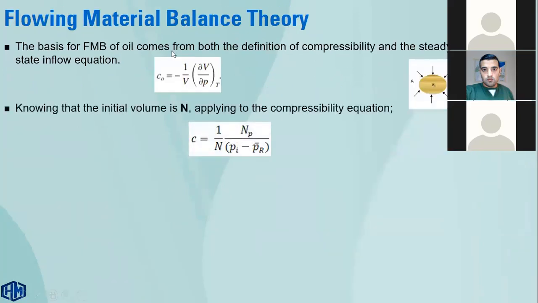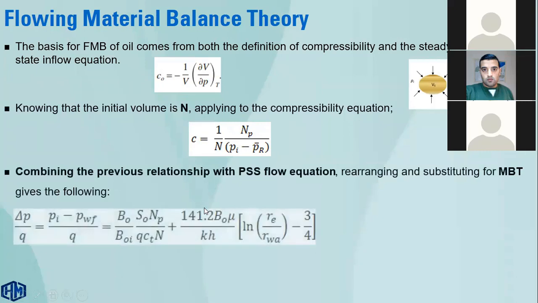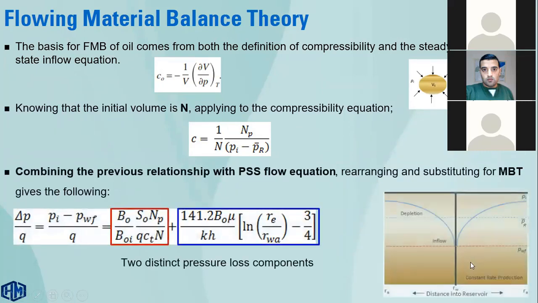Simply, the flowing material balance depends on the definition of the isothermal compressibility: the rate of change of volume with pressure relative to the initial volume. As you know, the initial volume is N, or STOIIP. So we can apply this equation, and combining, rearranging and introducing the material balance time, we get this equation.